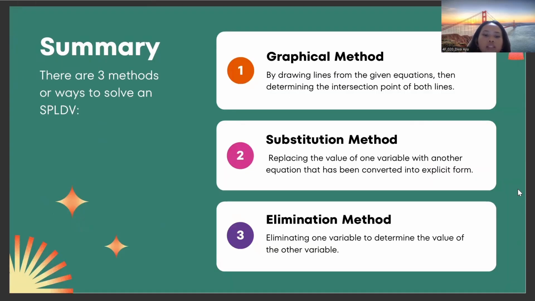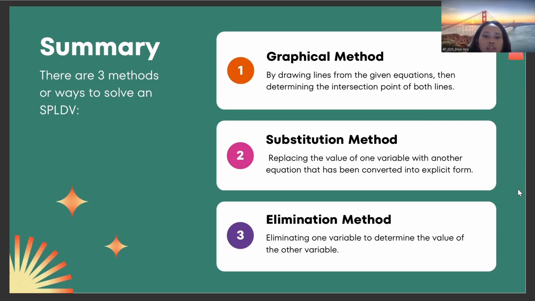Okay, finally, let's summarize today's lesson. Today we learned that there are three methods to solve a system of linear equations in two variables. First is the graphical method, which finds the intersection point of two lines.